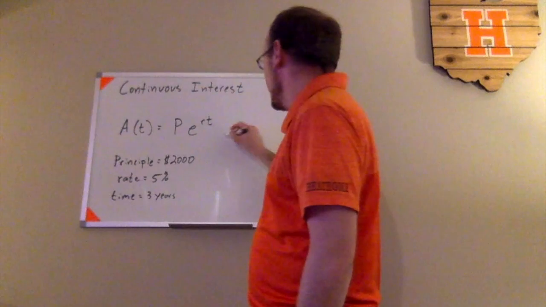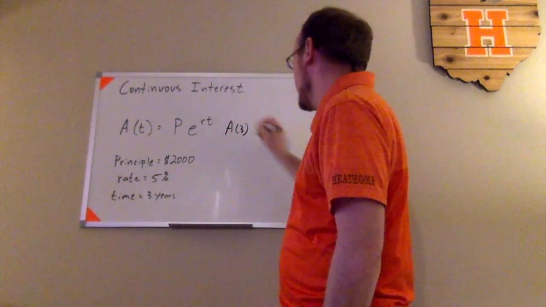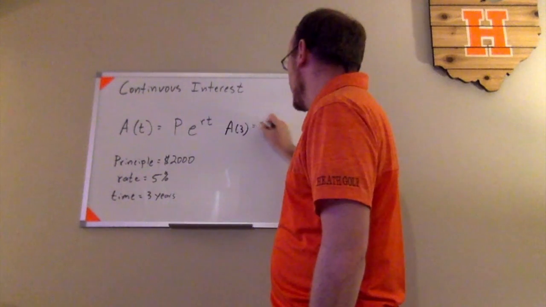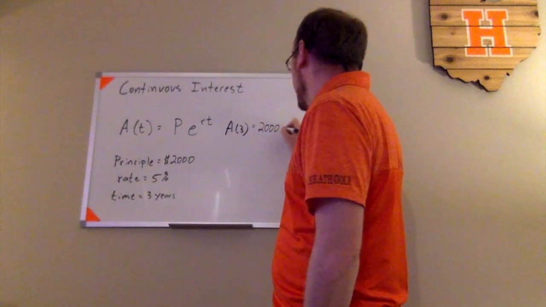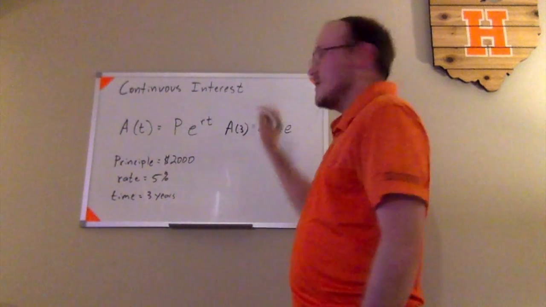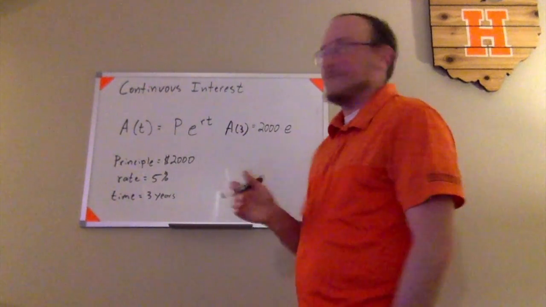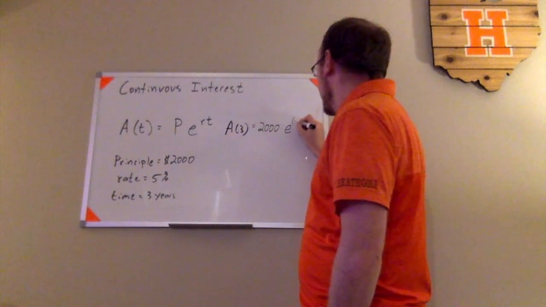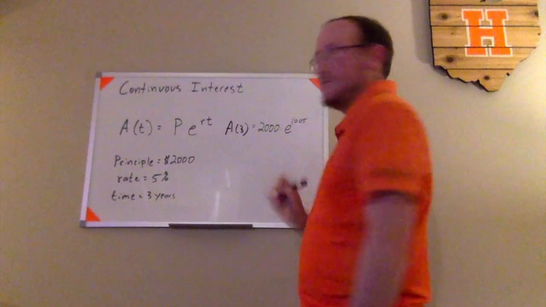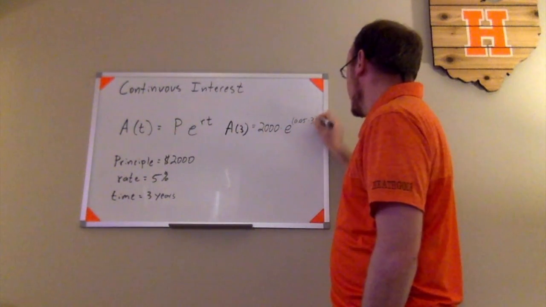So we'll have A of 3, that's plugging in t, that's just the notation, is equal to 2,000 times e to the r times t power. Well, the r is the rate as a decimal, so 5% as a decimal is 0.05 times t, which is 3.